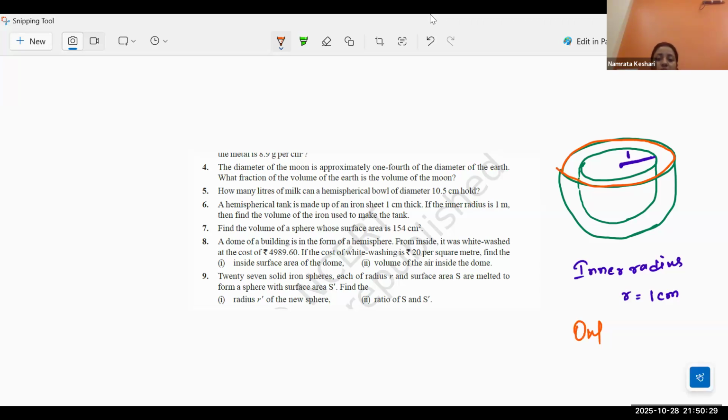So you will say outer radius is equal to inner radius, which was 1, plus thickness. In this question, Rayan, see carefully, thickness is mentioned. I'm talking about question number 6. A hemispherical tank is made up of iron sheet 1 centimeter thick. The thickness over here is 1 centimeter.